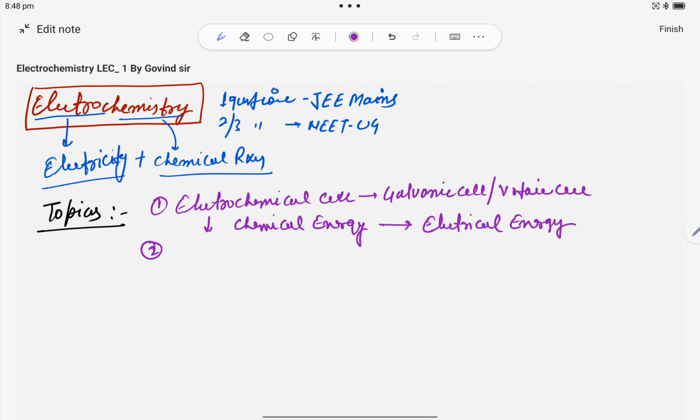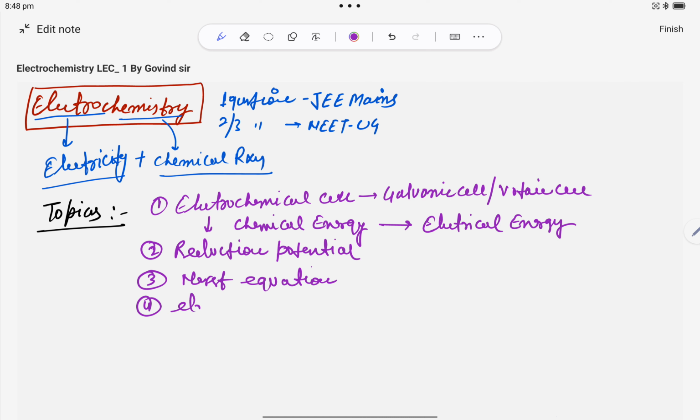Second topic is reduction potential. Third topic of the chapter, Nernst equation. Number 4, electrolytic cell, that means electrical energy into chemical reaction.